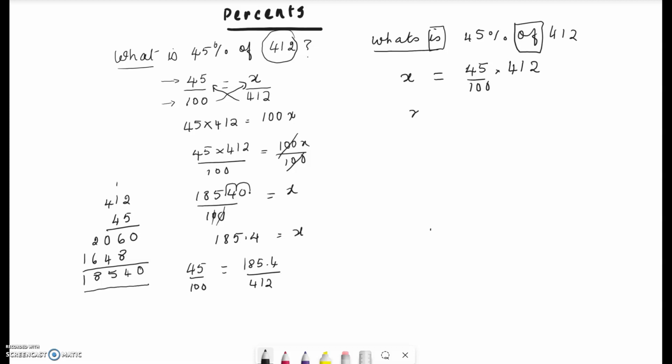Do you see that this is exactly the same as what we got here? So x is 45 times 412 divided by 100.